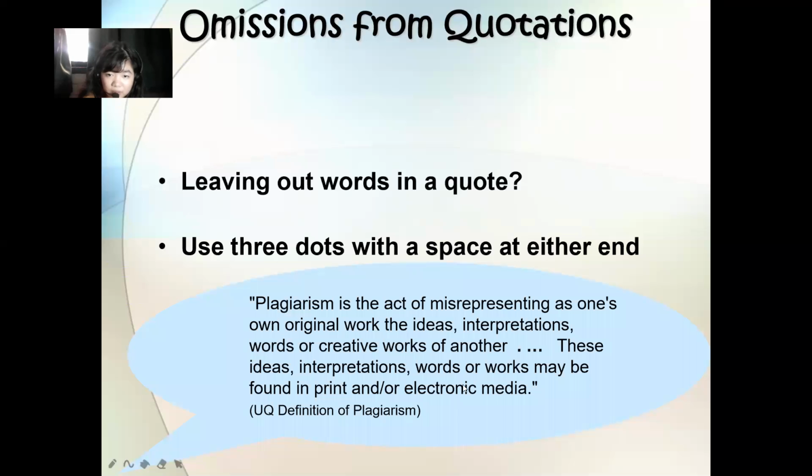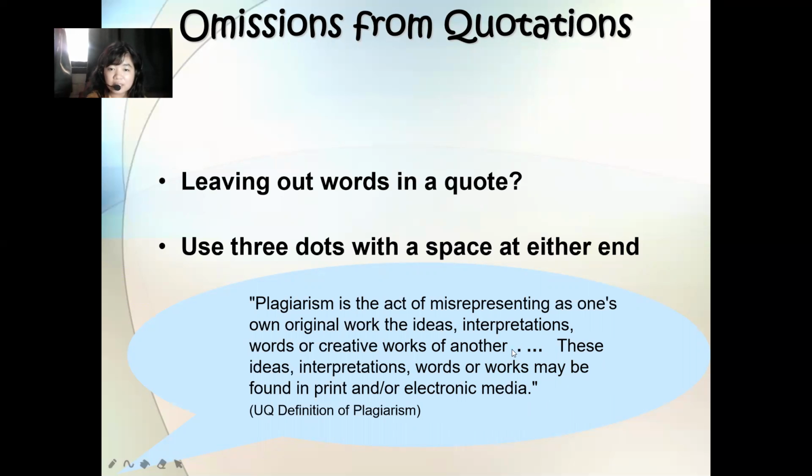So, period, then three dots, space, then the last sentence, which is, these ideas, interpretations, words, or works may be found in print and or electronic media. So you merged the first sentence and last sentence of the paragraph.